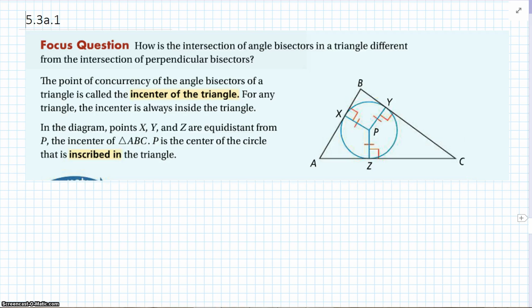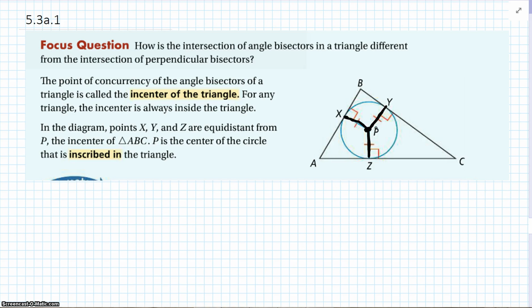So the last example, we drew a circle outside the triangle, which circumscribed it. Now let's do a circle inside the triangle, or that's inscribed. Okay, and where those points meet, we will line up perpendicular, not bisectors, but perpendicular lines to each side.